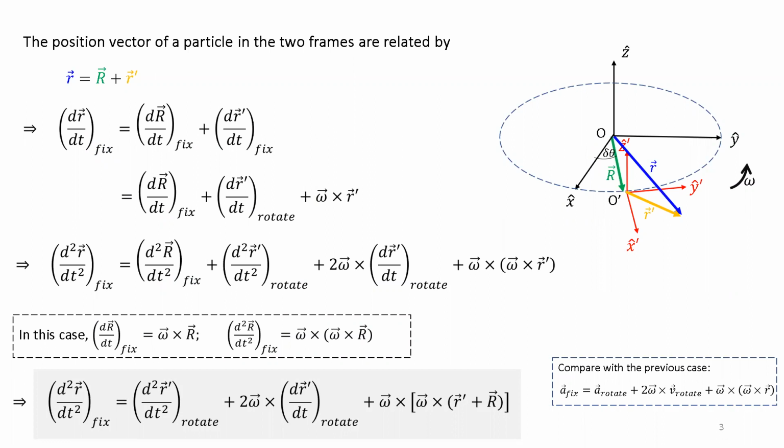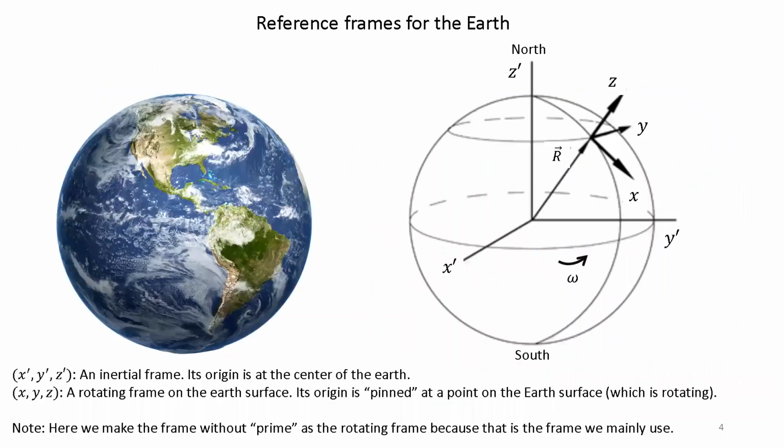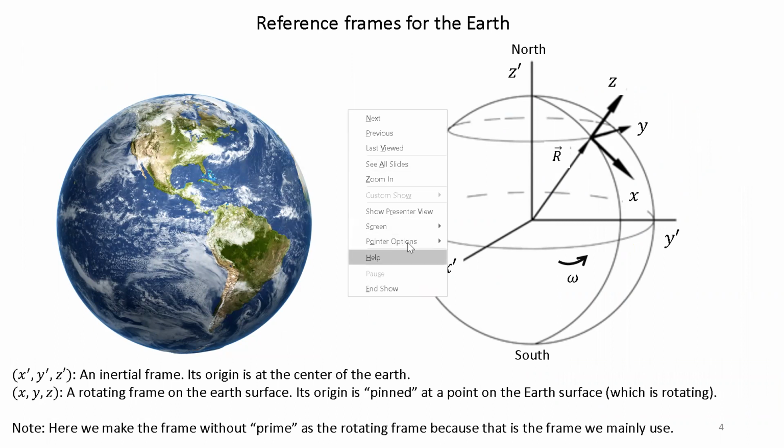Now let's actually talk about the Earth. We are again going to set up a fixed frame and a rotating frame for the Earth. The fixed frame that we are going to set up for the Earth is over here.